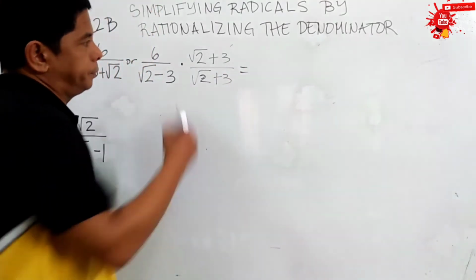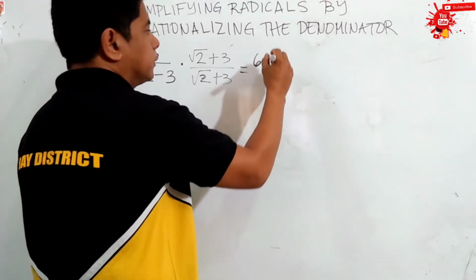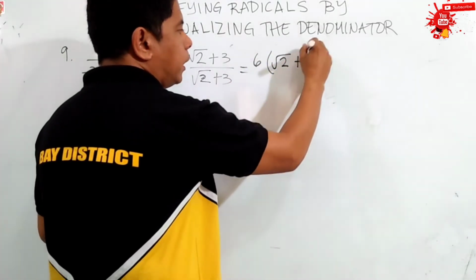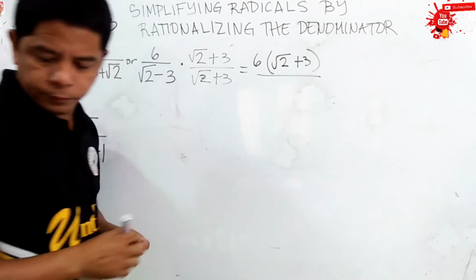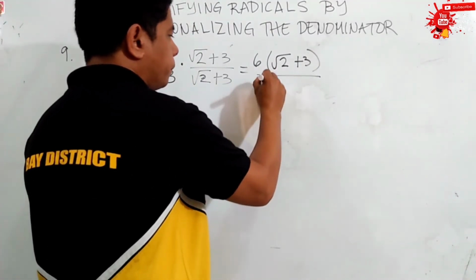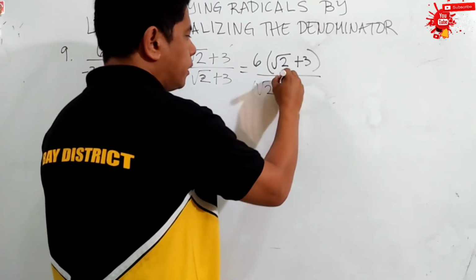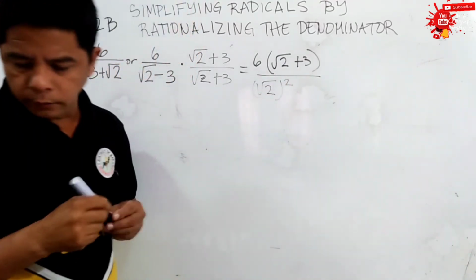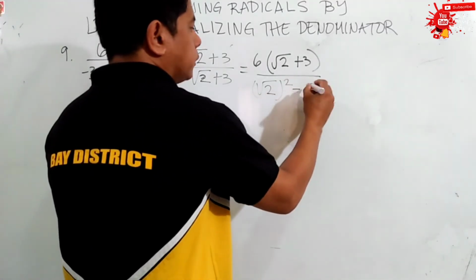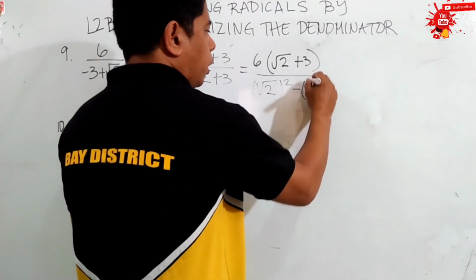Equal sa 6 times the square root of 2 plus 3 over the square root of 2 squared minus 3 squared.